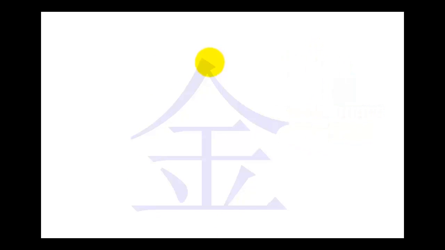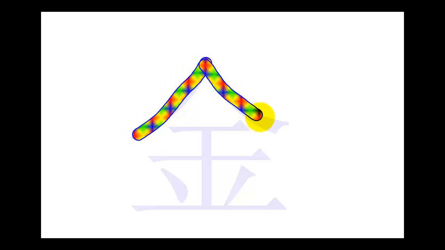So we're just going to bear that in mind when we do the entire character. Now we begin with these 2 strokes. They always go from the top down, so I don't want you to be writing this up and down. You start at the top and you go down on the left, that's the first stroke, and down on the right. Now there are a number of ways that we could remember this, but I'm going to use the example of a mine to help you remember this character.